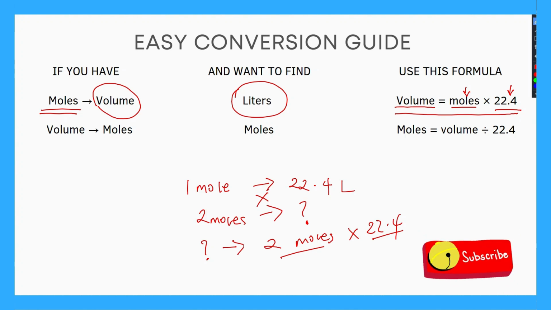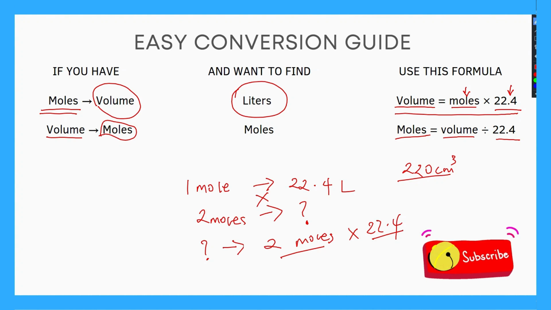On the other hand, if you have volume and you want to convert it into number of moles, what you simply do is number of moles is equal to volume divided by 22.4. So let's say we have 220 cm cubed and you want to convert this into number of moles.